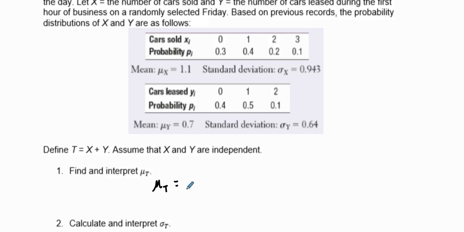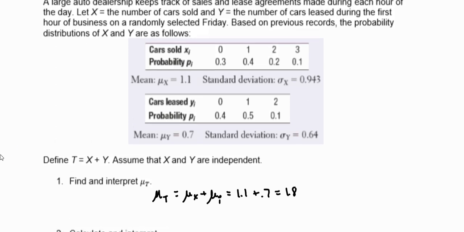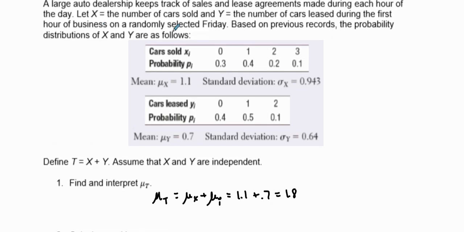To figure out this mean, we take the mean of X and the mean of Y and add those two values together. So we have 1.1 plus 0.7, and what we have is 1.8. So what is that? Well, let's interpret this. For the first hour of business on a random Friday, we have the number of cars sold and the number of cars leased.